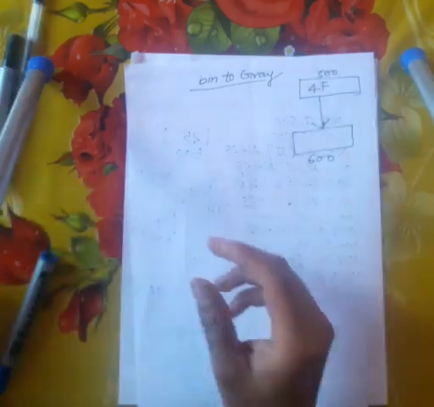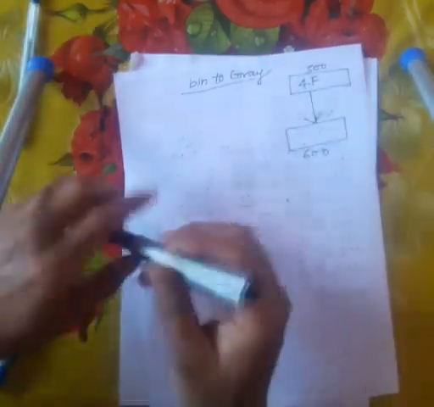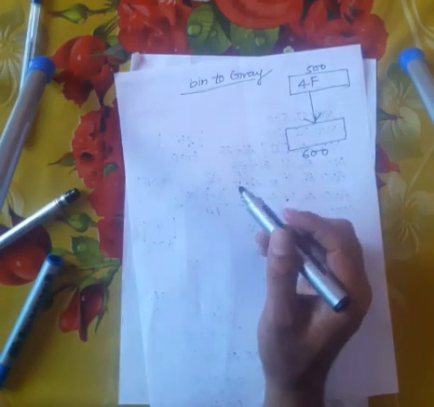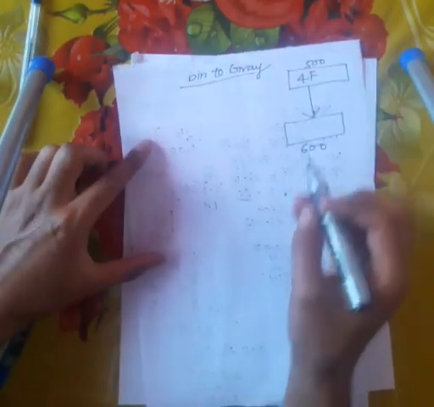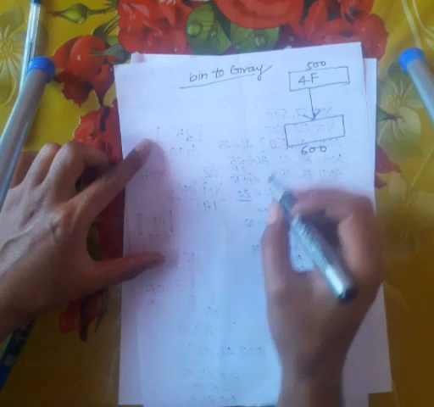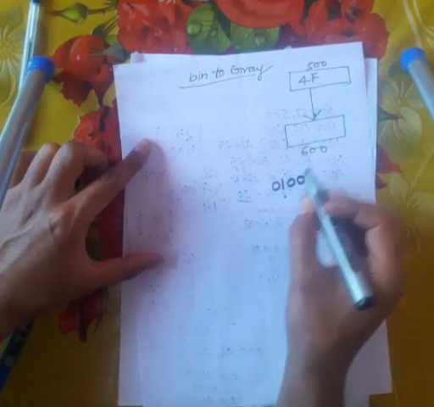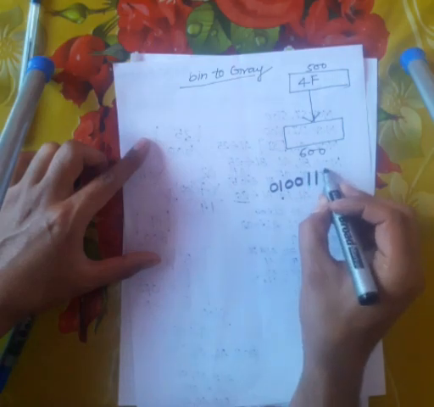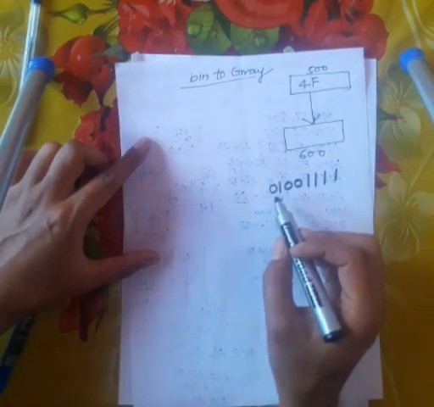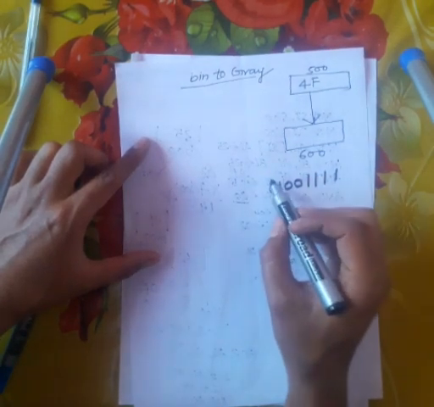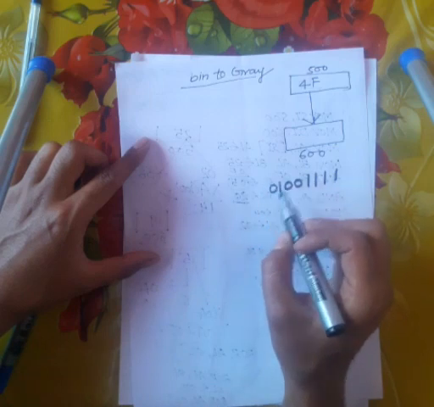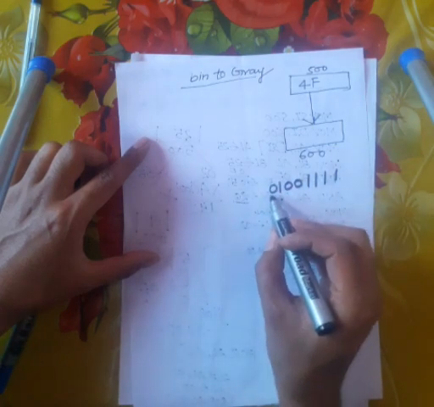Now what is the procedure for this? You know how to determine the binary to gray conversion. First, convert it into binary: 4 is 0100, F is 1111. Now we shift every bit by one time in the right direction.